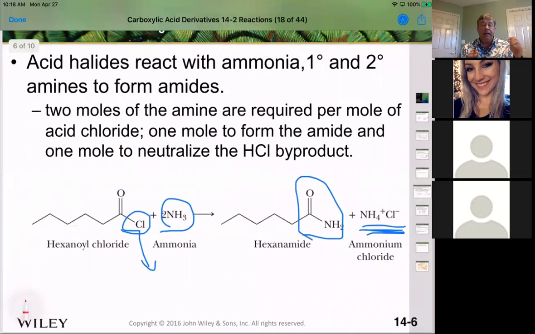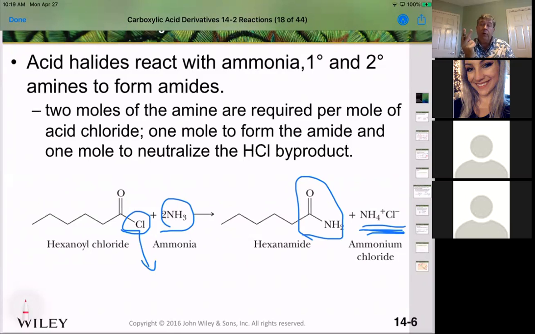So if we look at acid halides, they can react with ammonia, primary or secondary amines to form amides. Notice we have to have 2 equivalents because when an acid halide reacts, it forms HCl. One equivalent of the amine is going to make an HCl salt, and the other equivalent is going to be used to make the amide. So just like the case with the carboxylic acid anhydride reacting with the alcohol, where you get one equivalent of one and one equivalent of the other, we get the same thing here.